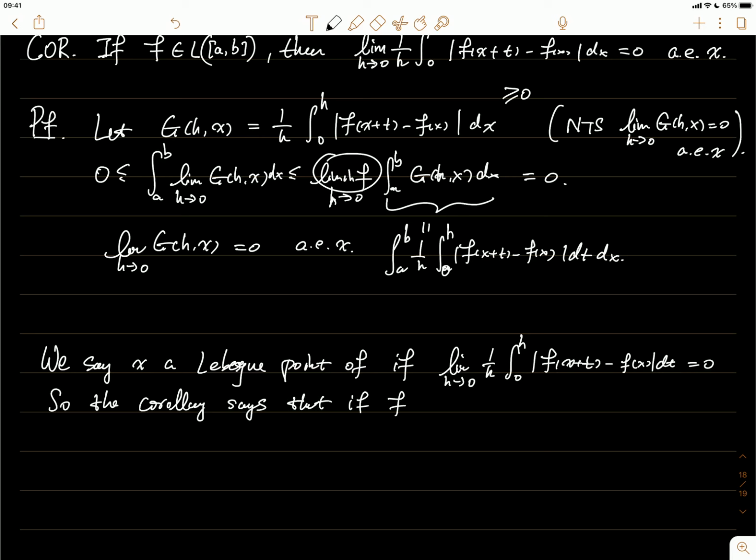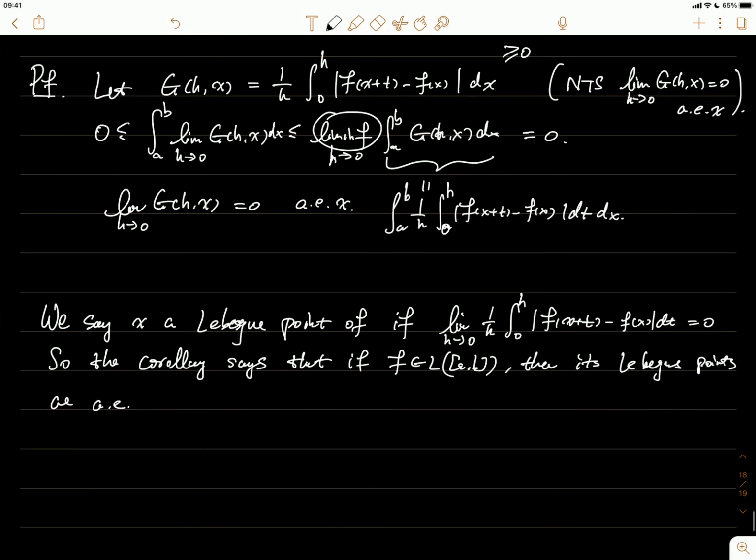If f is integrable, then its Lebesgue points are almost everywhere. Okay, so that's simply what it says.